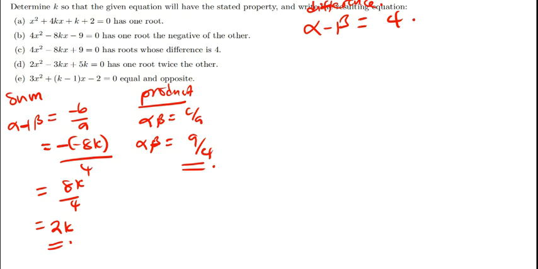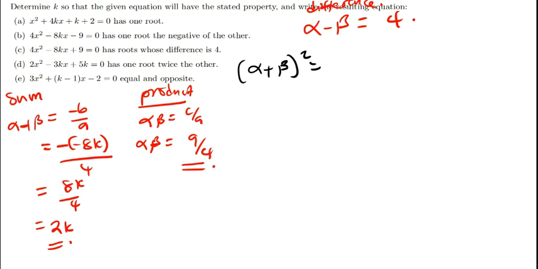Now you have learned some identities when it comes to the nature of roots of quadratic equations. The identity that I want you to understand is the identity for the combination of the product, the sum, and the difference, which is given by this. There is a video where I derived this identity.